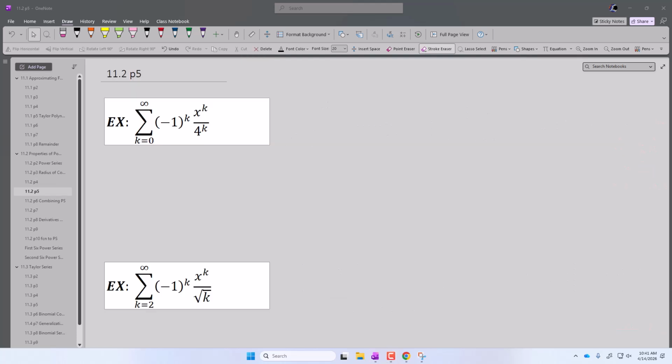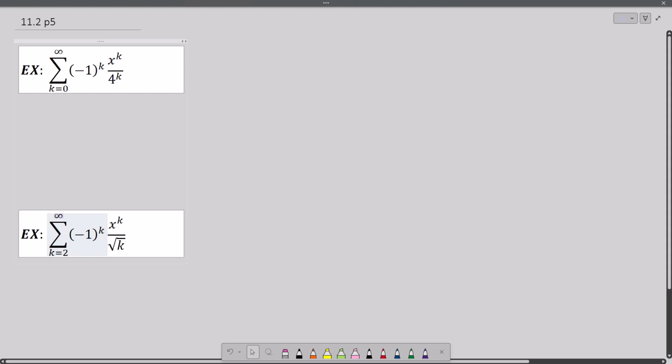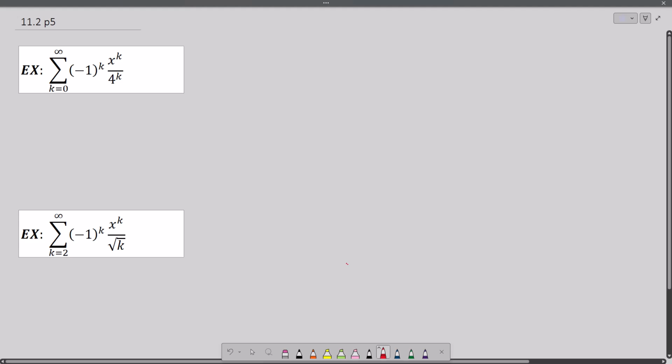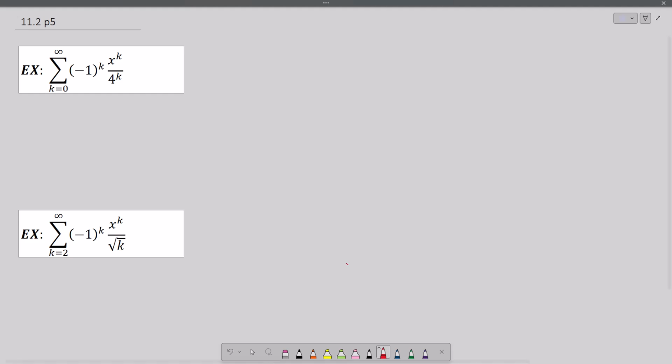So let's go ahead and do one of these ones that are much more complicated. Okay, so we're staring at a power series. Remember that you want to identify it as a power series as soon as you see the x. You have an infinite series, and as soon as you look inside and you see, oh, there's an x in there, that's when it is not just an infinite series.